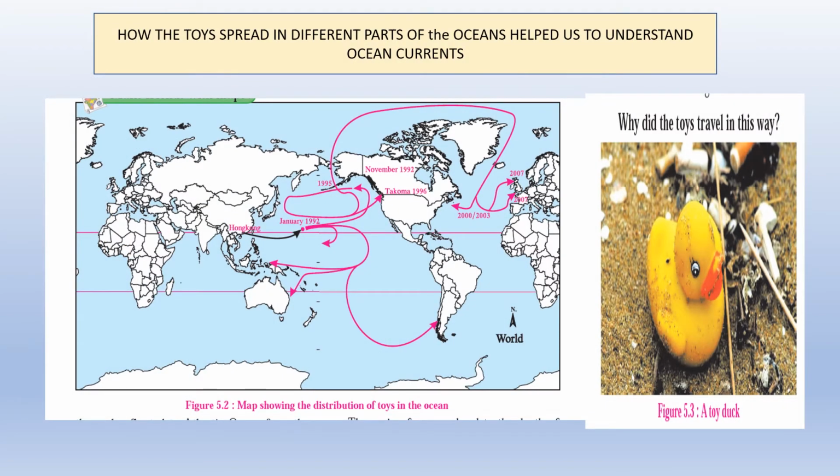We also learned an interesting story about how toys spread in different parts of the ocean, which helped us understand ocean currents and how the water moves. We have earlier studied this story and how these toys moved and spread to different places with the help of a strange incident.